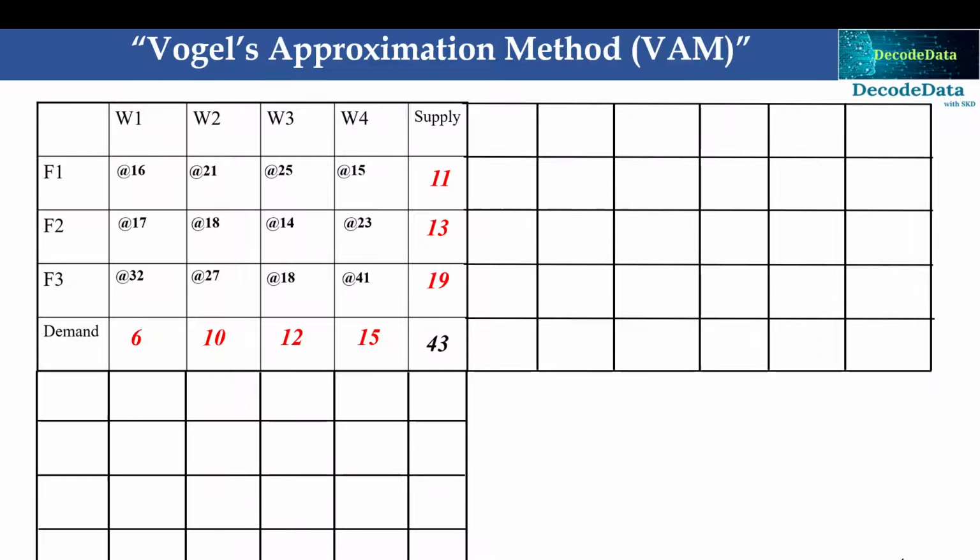So we first calculate the penalty. For penalty, we have to add some extra columns and rows. For calculation of row penalty and column penalty, we have different row and column combinations, right? For all the rows and all the columns, we will calculate the penalty.